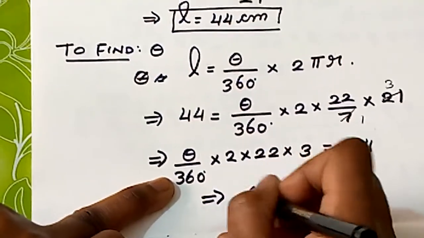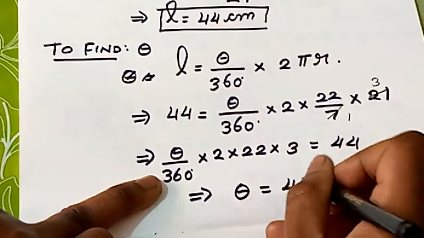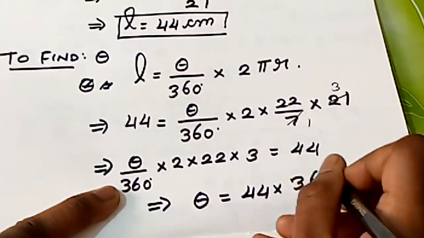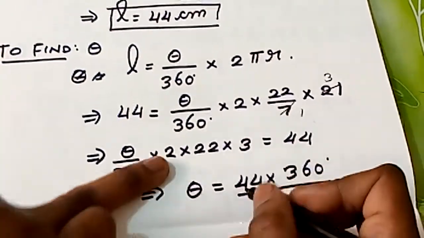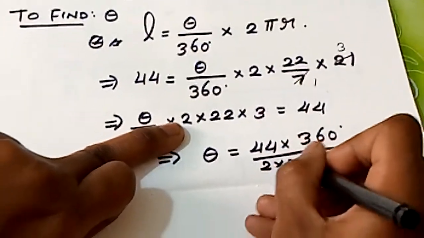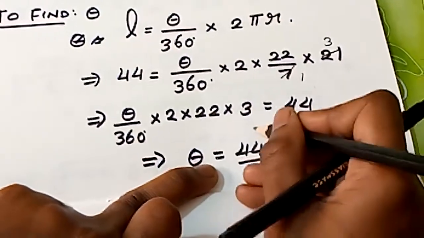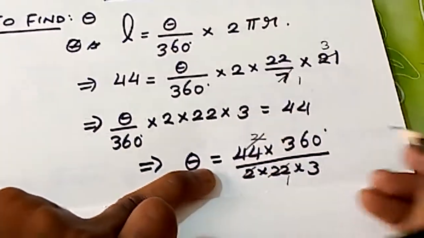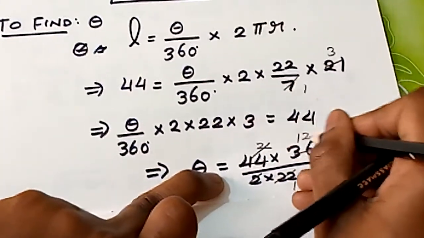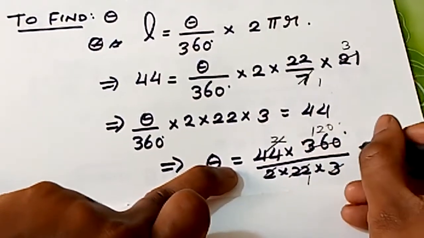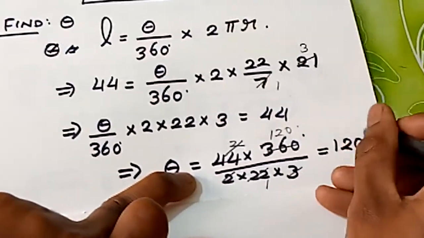I am going to keep theta here, 44 into 360 degree, cross multiply the terms, you will get 2 into 22 into 3, cancel the term, 1 time, 2 times, if you cancel 3, 120 degree, that is the value for theta is 120 degree.